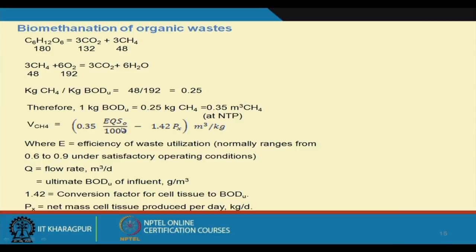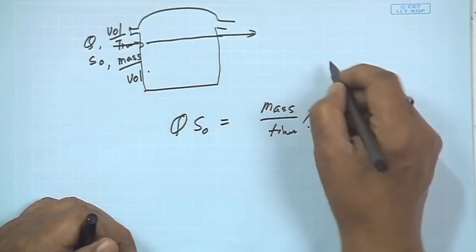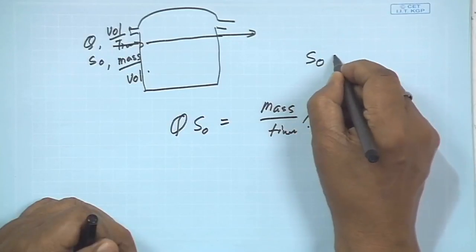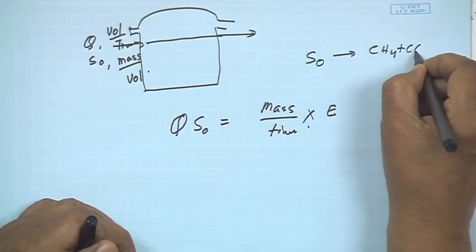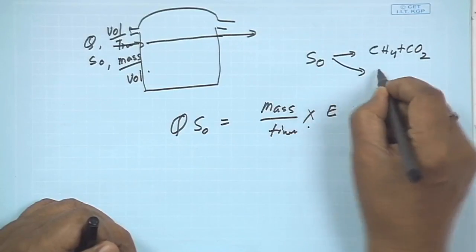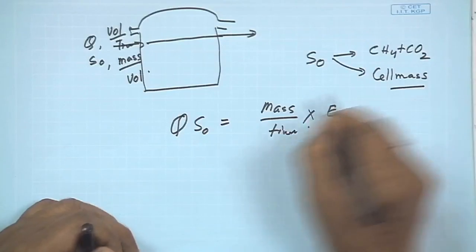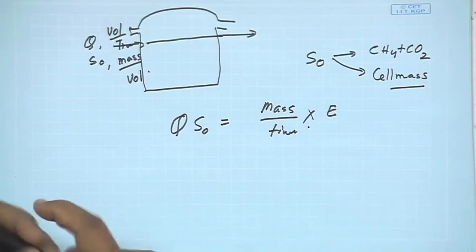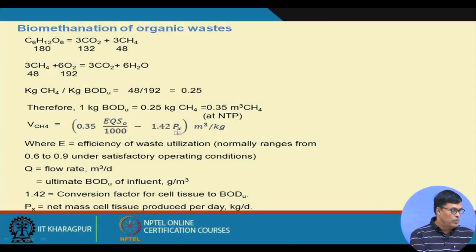Now, the problem is that when you consider this conversion process, as I told you, a part of the substrate will go for methane and carbon dioxide, and a part will go for cell mass production. So the cell mass remains in the system. When you say conversion, the amount of energy stored in the form of cell mass, that also you have to subtract.